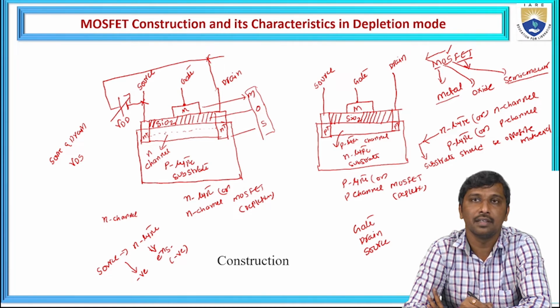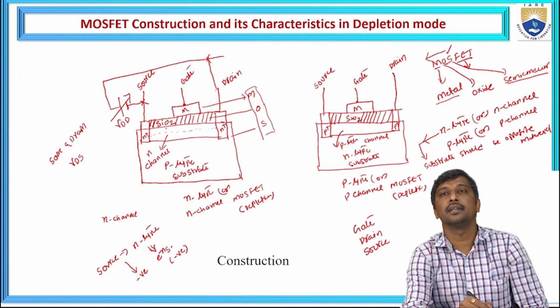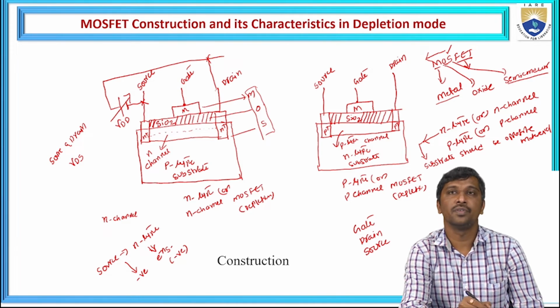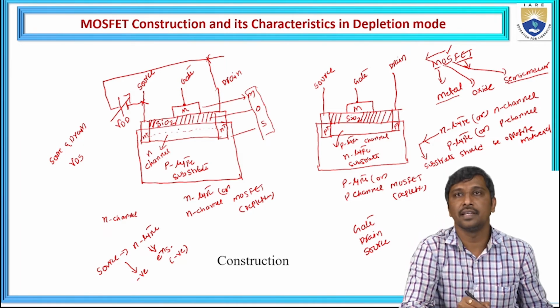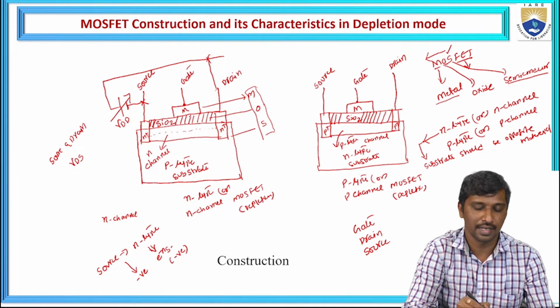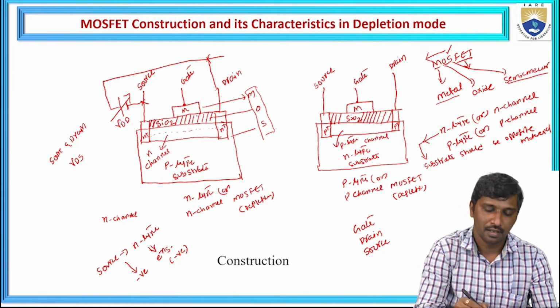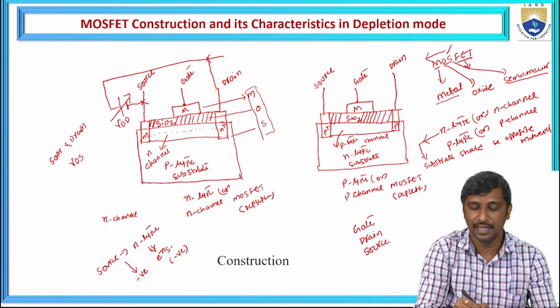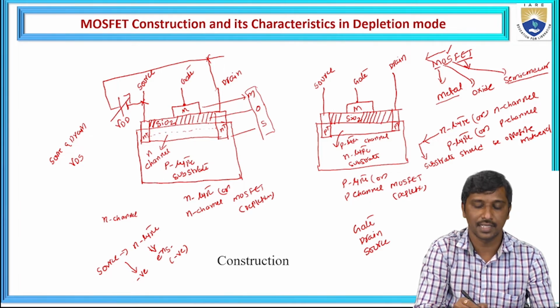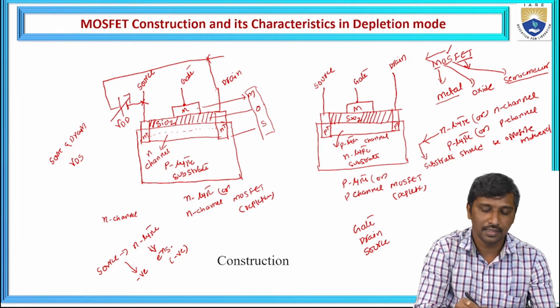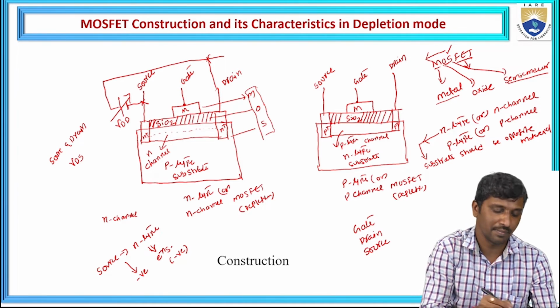Our aim is to reduce the channel width or area to limit the flow of charge carriers from the source to the drain. Let us consider the two conducting plates in the MOSFET construction, represented as metal, oxide, and semiconductor.